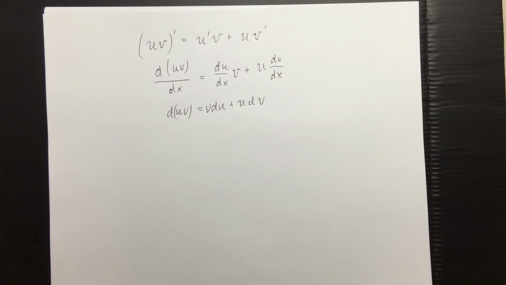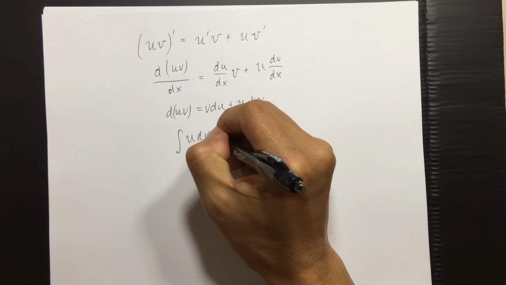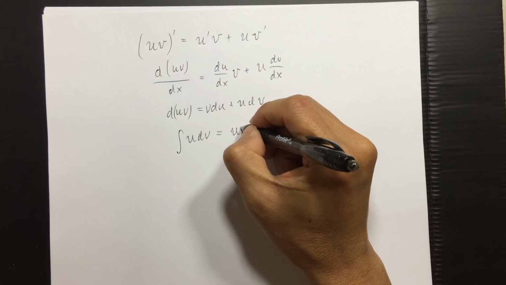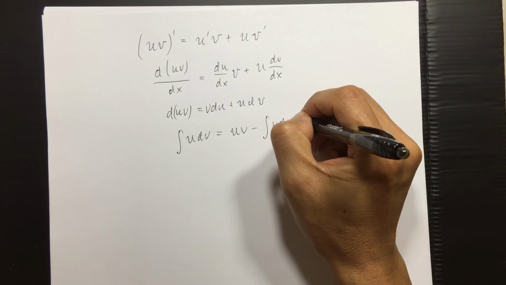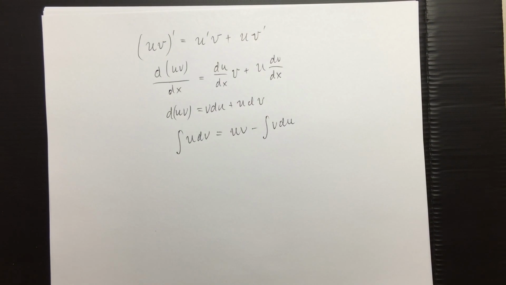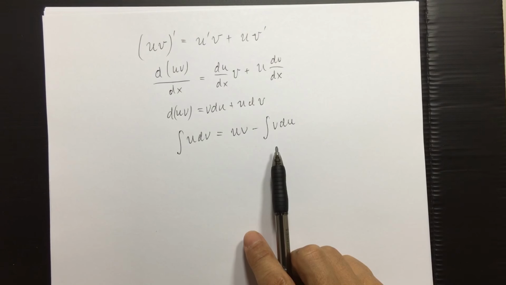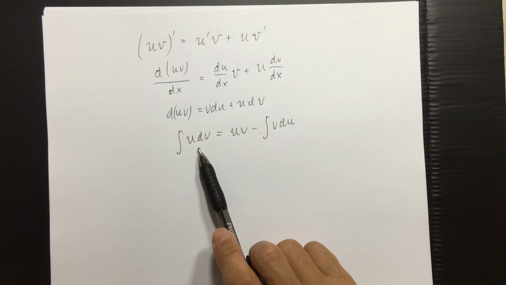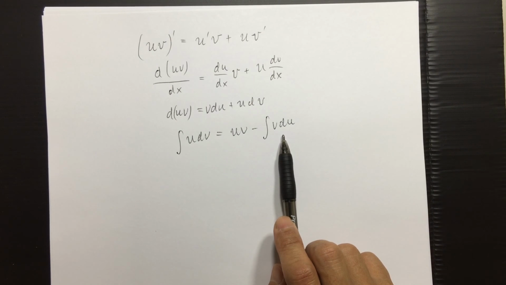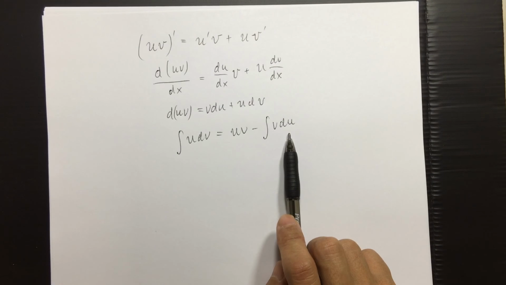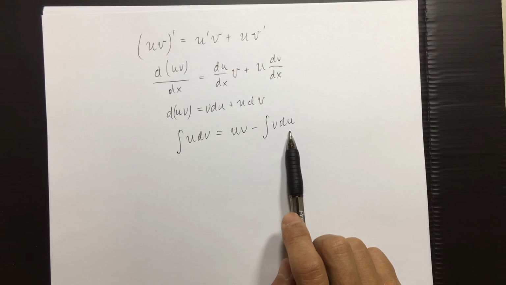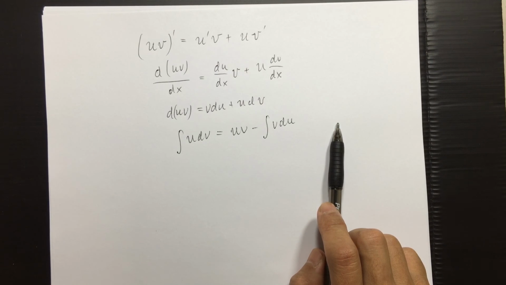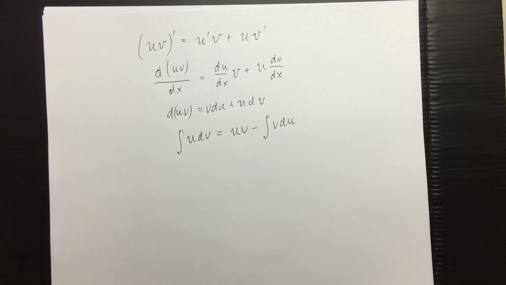Now, if you take an integral of this, you find out one thing: the integral of u dv equals uv minus the integral of v du. This is a very important trick when you do integrals. If you can make it into this form, but you don't know how to integrate this, you know how to do that. This can change, and maybe you can process it and do it again. That's just the comment.